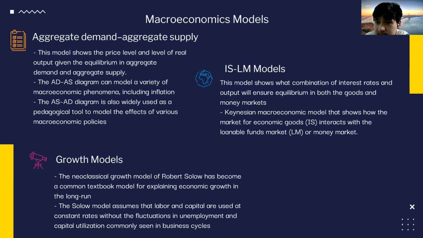It is a Keynesian macroeconomic model that shows how the market for economic goods, IS, interacts with the money market, or LM. It is represented as a graph in which the IS and LM curves intersect to show the short-run equilibrium between interest rate and output.